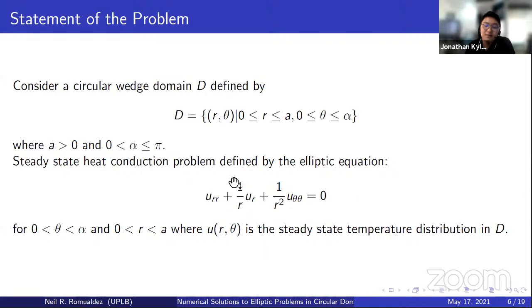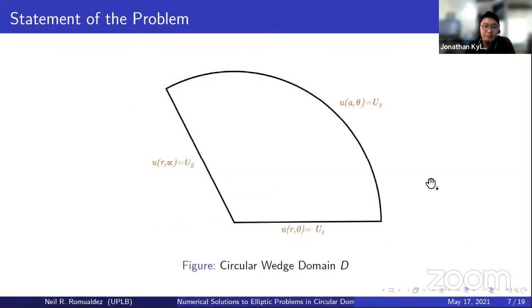And the solution to this equation itself is the steady state temperature distribution in the circular wedge domain. So to better illustrate, this is his general figure with prescribed Dirichlet boundary conditions. And he uses this general figure to solve for the general analytical and general numerical solution.